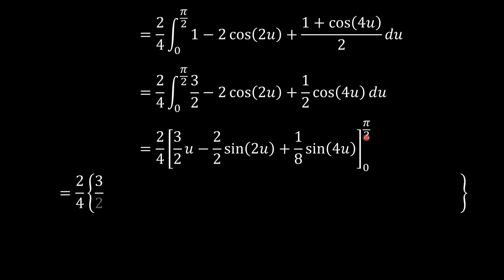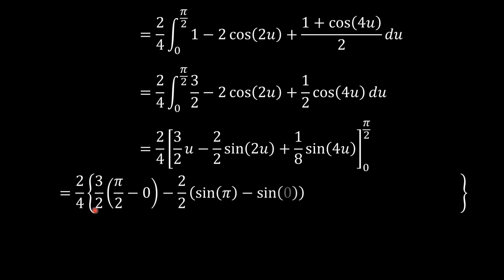Since this is a continuous function, we'll just substitute the limits as shown here, and so we have 3 over 2 times pi over 2 minus 0. Obviously the 2 over 4 constant is out here, and then here minus 2 over 2 sine of 2 times pi over 2, which is pi, minus sine 0.